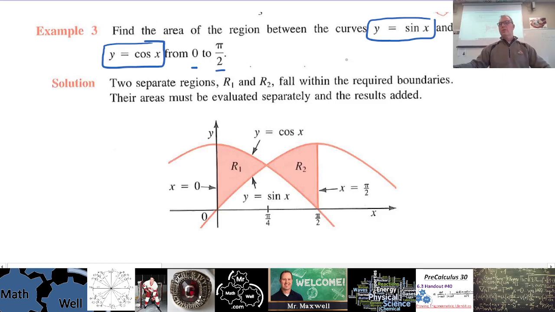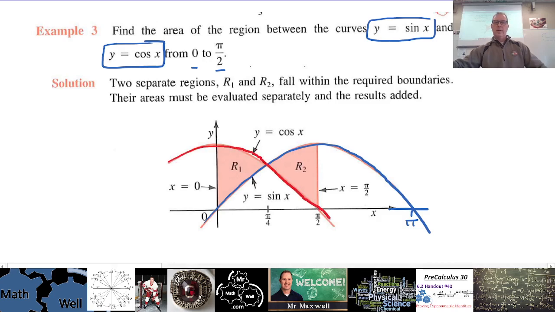First thing we want to do is do a rough sketch of each of these. This is the sine x right here. That's this one, sine x. And this would cross over here at pi. And the cos x is, I'll put this in red, that's cos x right there. And that would cross at pi over 2.